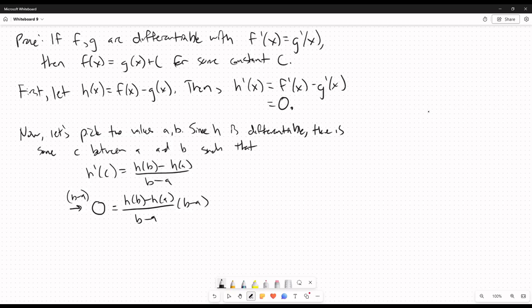So we get 0 equals h of b minus h of a, which then gives us that h of a equals h of b. What this tells us is that we picked any two values a and b that we wanted, so h of x is a constant function.